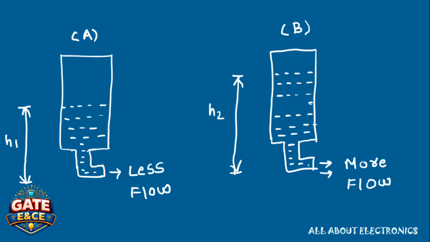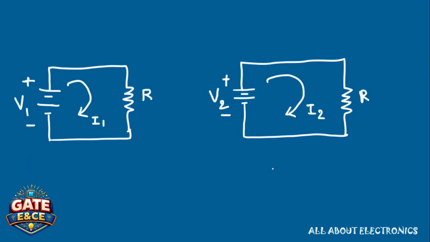So now let's correlate it with the electrical circuit. Let's say we have two electrical circuits with different voltage sources, but both circuits contain the same resistance, that is R. The current flowing through the first circuit, I1, can be given as V1 divided by R, while in the second circuit it can be given as I2 is equal to V2 over R. Now here the voltage source V2 is greater than V1, so more current will flow through the second circuit.